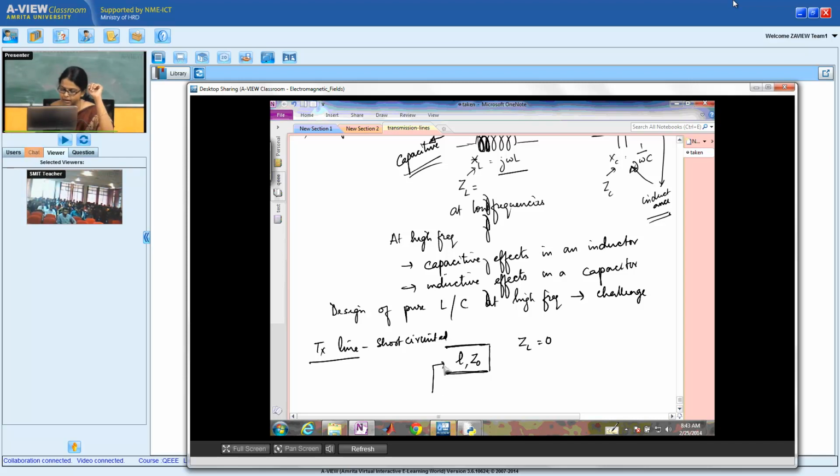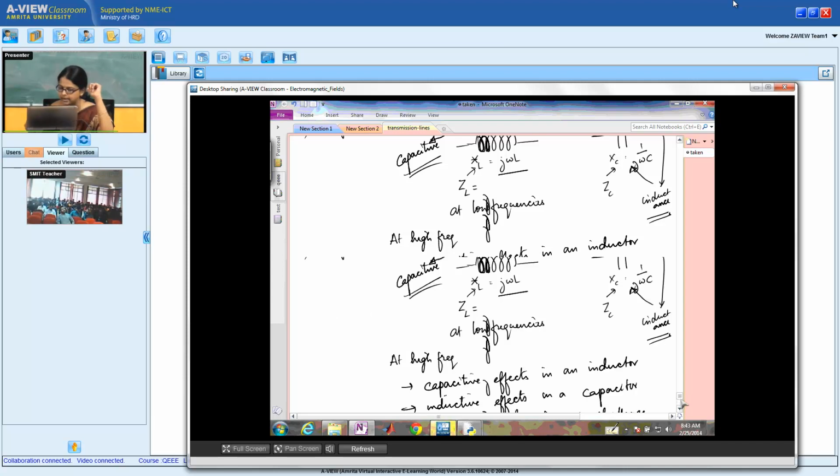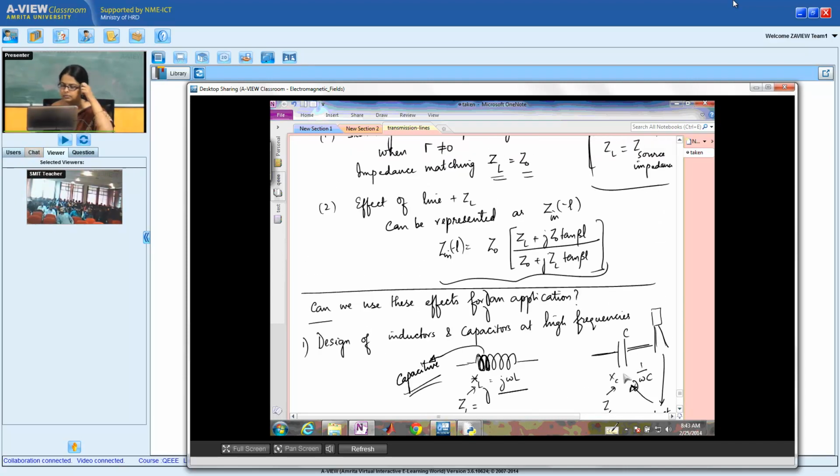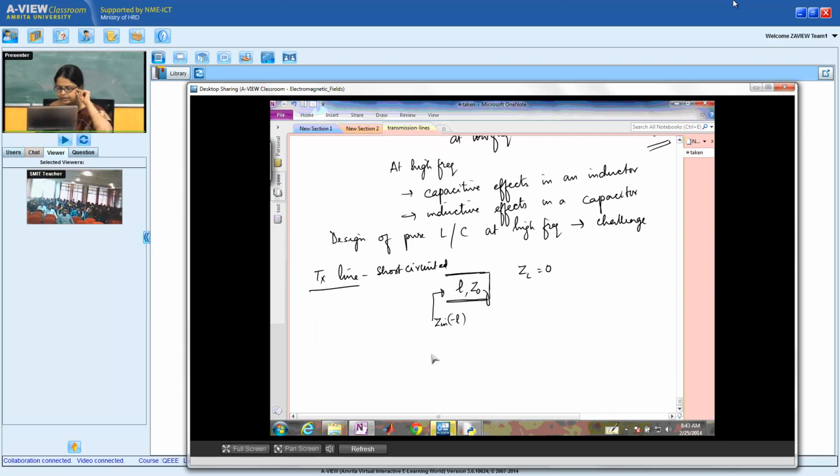Now, if you calculate Zin, the effective impedance posed by this short circuited line of length L, I substitute ZL equal to 0. What would I get? The terms with ZL vanish, Z0 gets cancelled, and I have j Z0 tan beta L. So my Zin at minus L is j Z0 tan beta L.